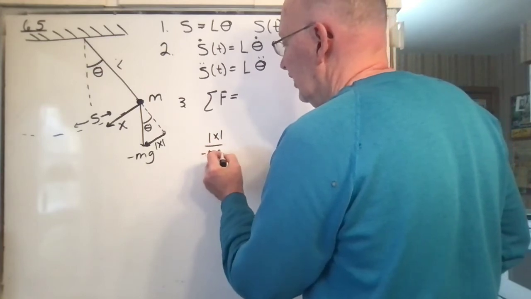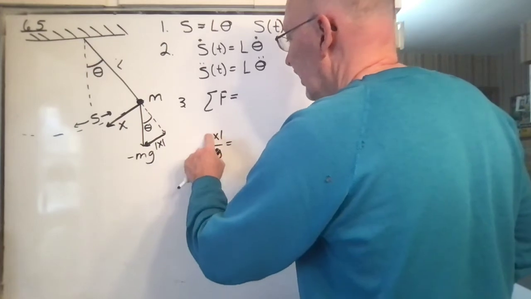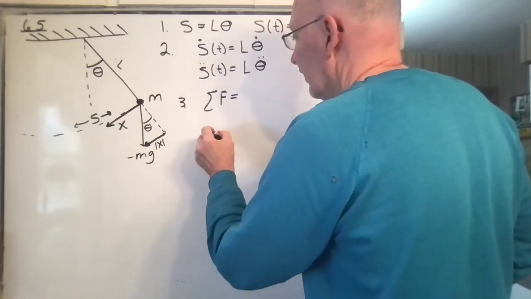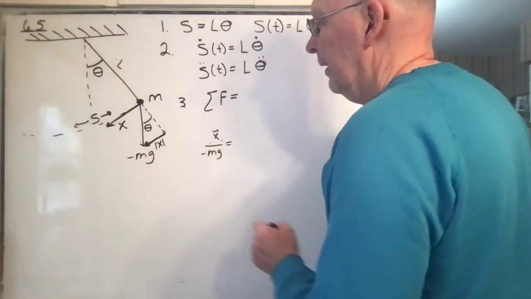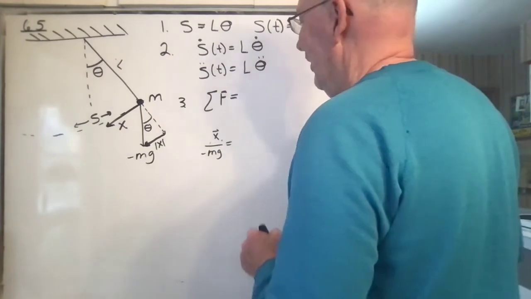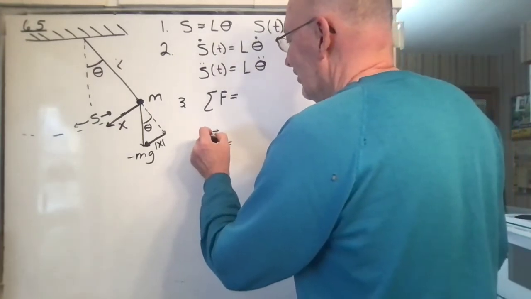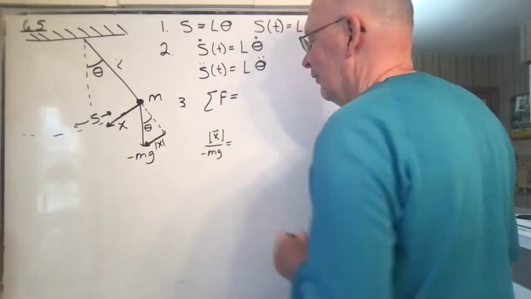We can think of it as the vector x. But we're talking about sizes here, just lengths. You can't divide one vector by another vector.